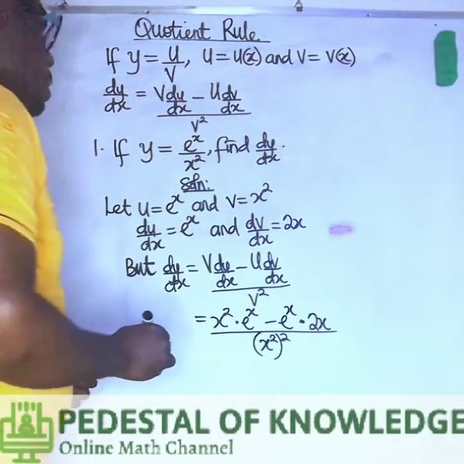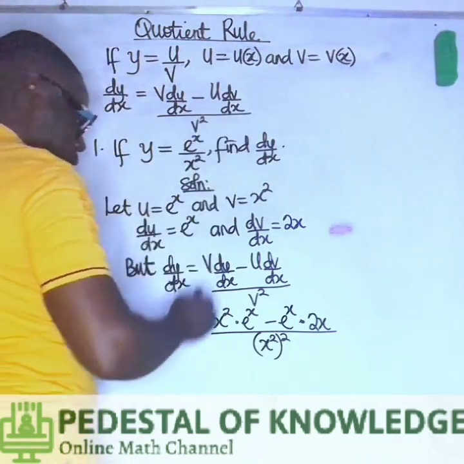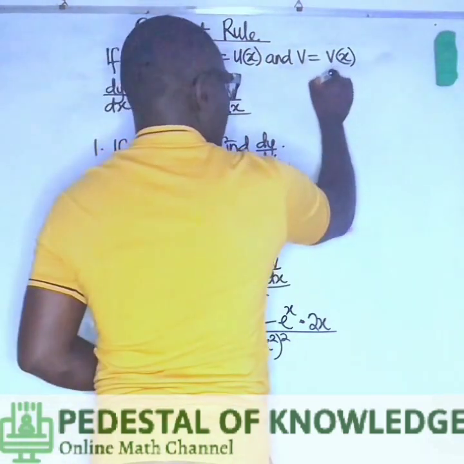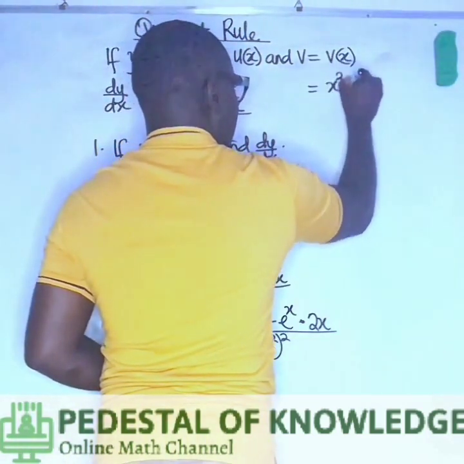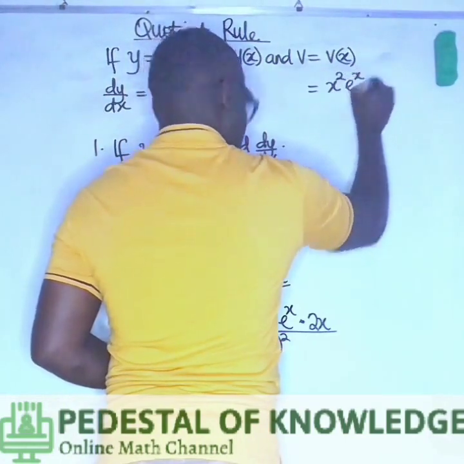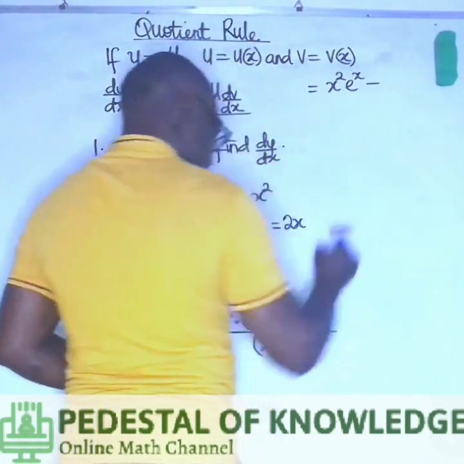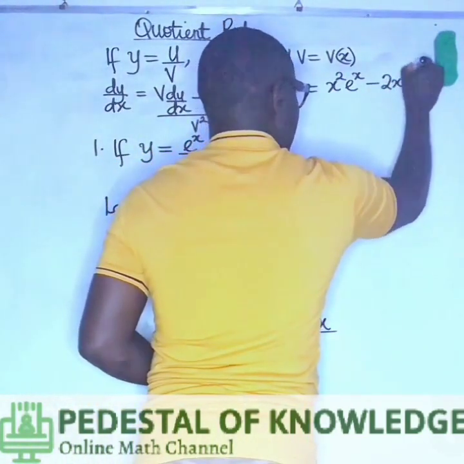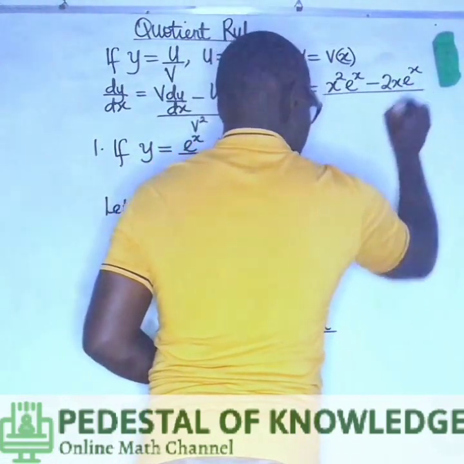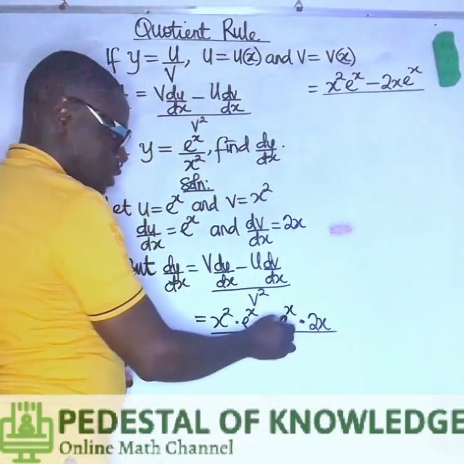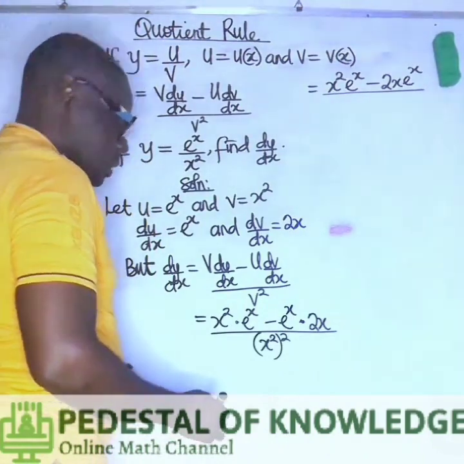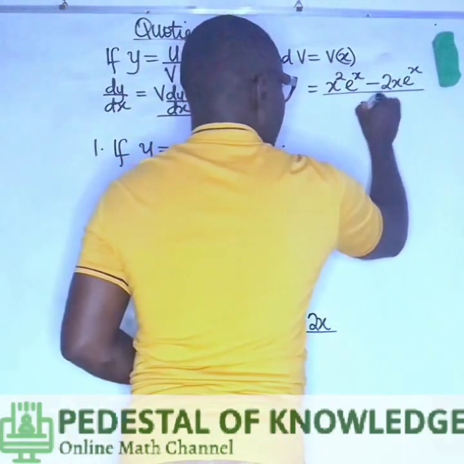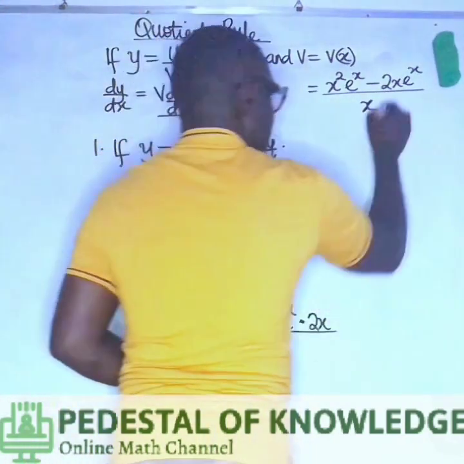Now if we continue, x squared times e raised to power x will give us x squared e raised to power x, minus e raised to power x times 2x will give us 2x e raised to power x, then divided by x squared raised to power 2. According to the rule of indices, the powers will multiply each other, so we are going to have x raised to power 4.